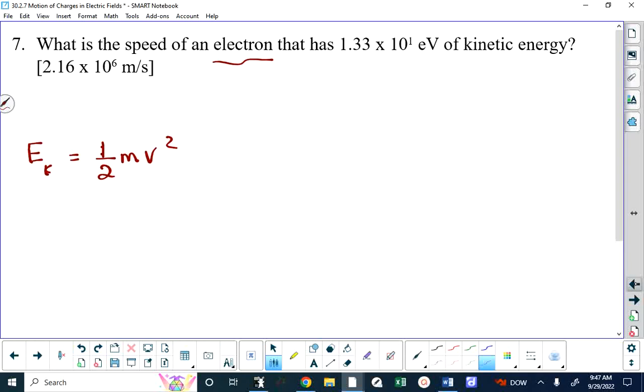So in order to find the speed, we have to take this energy and put it in here to get the answer. However, along the way, we have to convert that to joules.